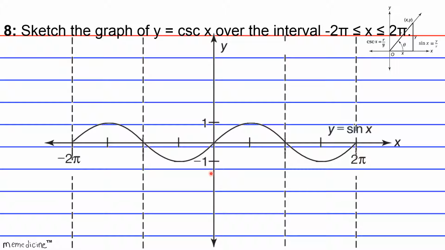and we also have one that's hidden within the y-axis, okay? Now, at every point where y equals the sine of x is equivalent to 1, we also know that the cosecant of x is going to be equivalent to 1. Because if we have a 1 in the numerator and this implicit or invisible 1 in the denominator, and if you flip 1 over 1, you're still going to get 1. Okay?